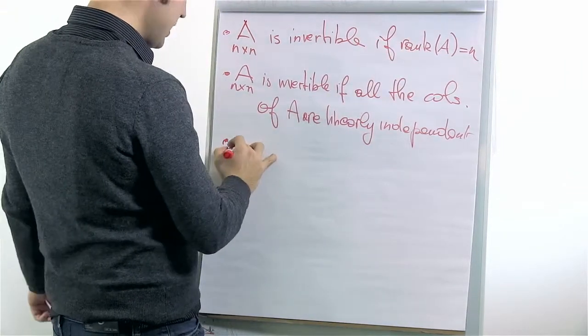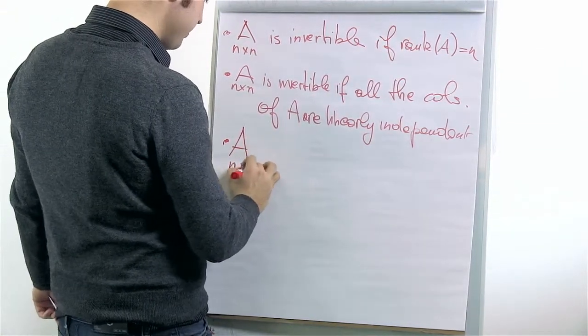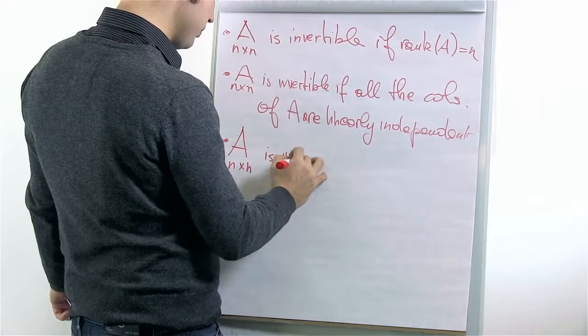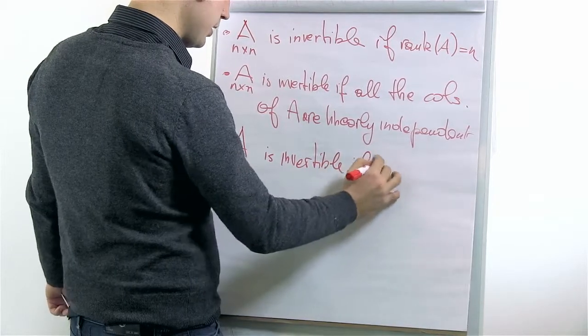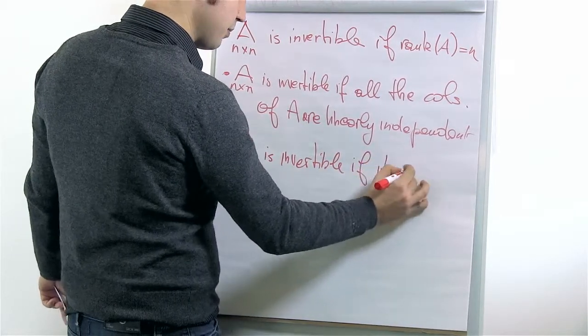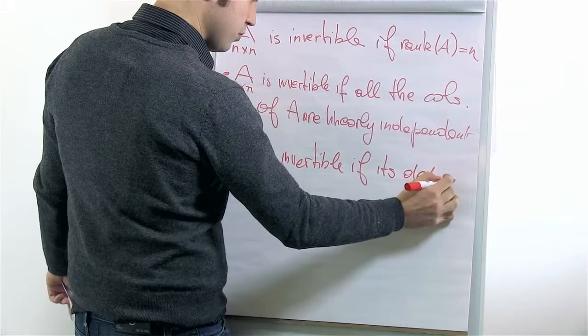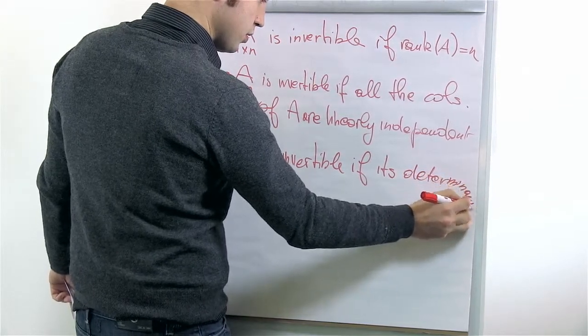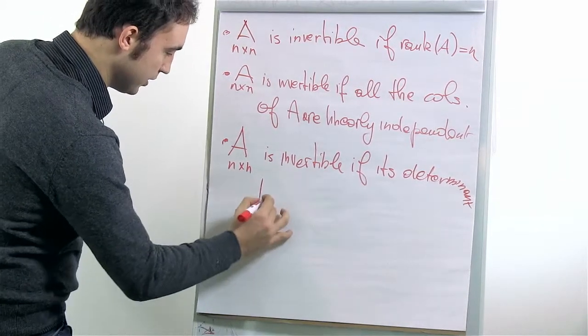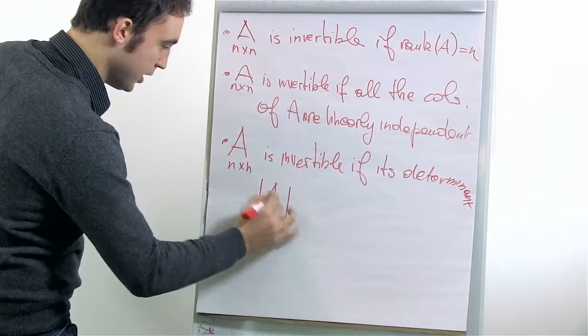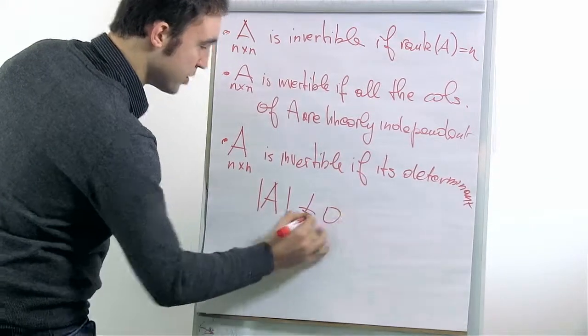Okay, we say that A m by n is invertible if its determinant, the determinant of A, which we denote with two bars, is different from 0.